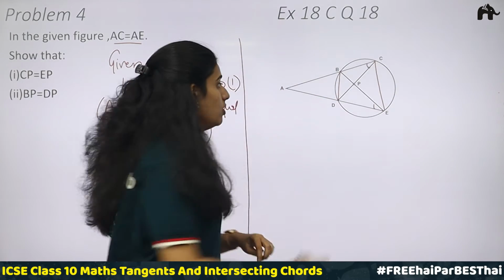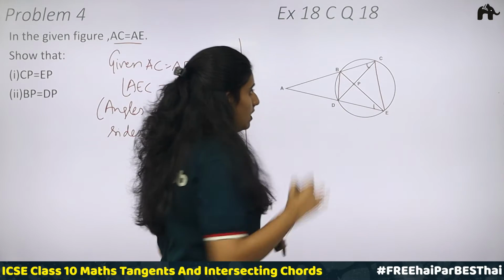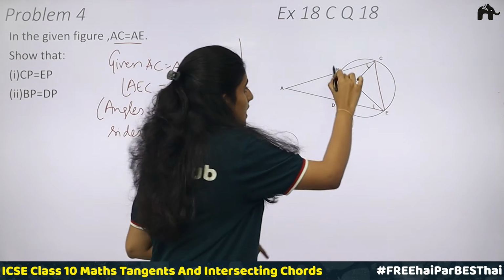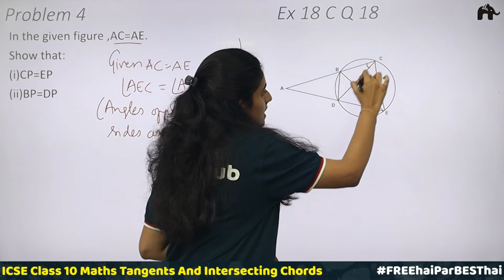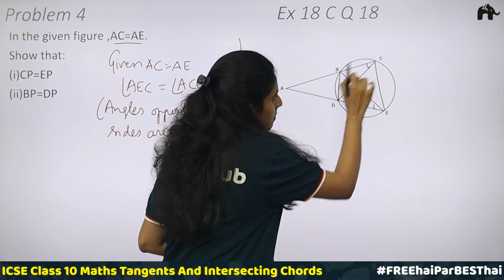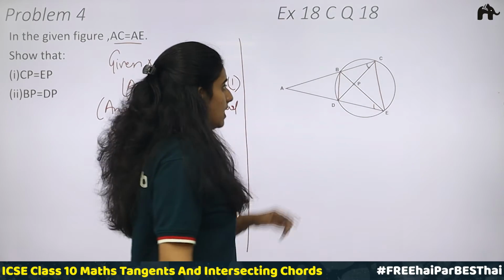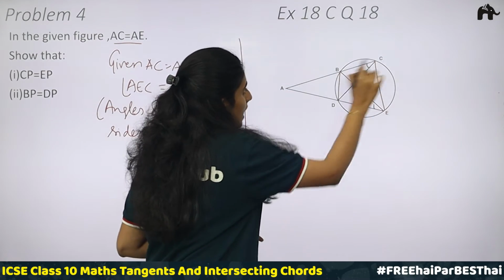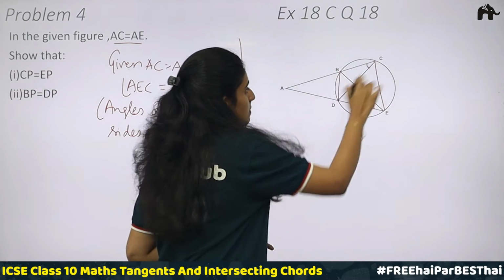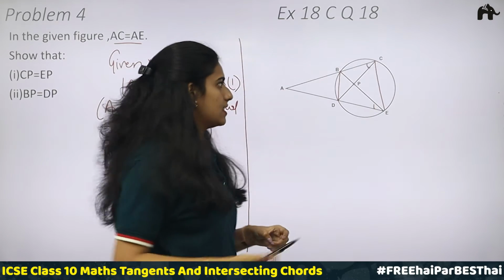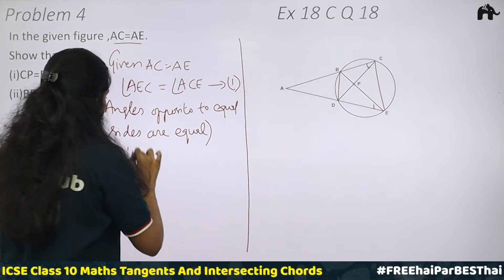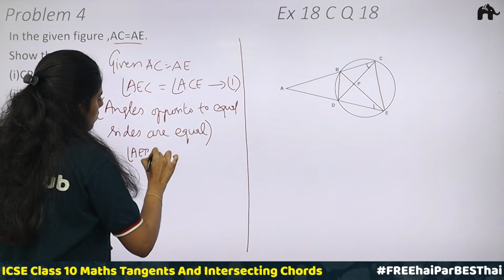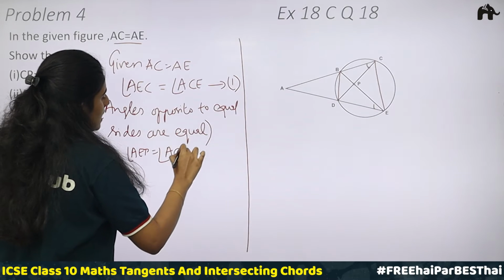What is the reason? When you consider the chord BD, BD subtends angles BCP and DEP on the circle. That is, angles subtended in the same segment. Same is the angle ACP. BCP and ACP are the same angles. So we will be having angle AEP equal to angle ACP.